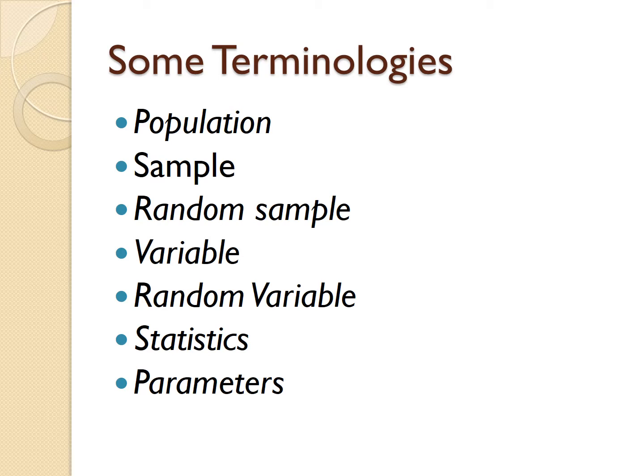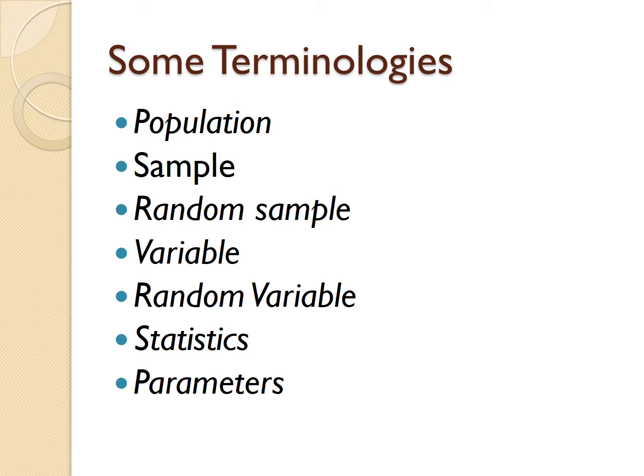Before getting into the discussion of probability and distributions, here are some commonly used terminologies that I like to define. Population is a generally large collection of data points, characteristics, demographics, or items. Sample is a subset of the population.